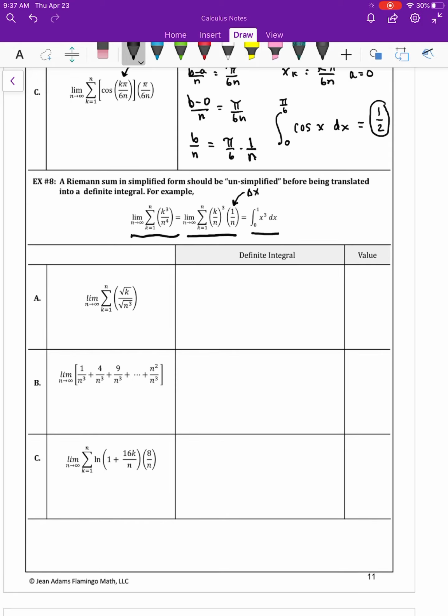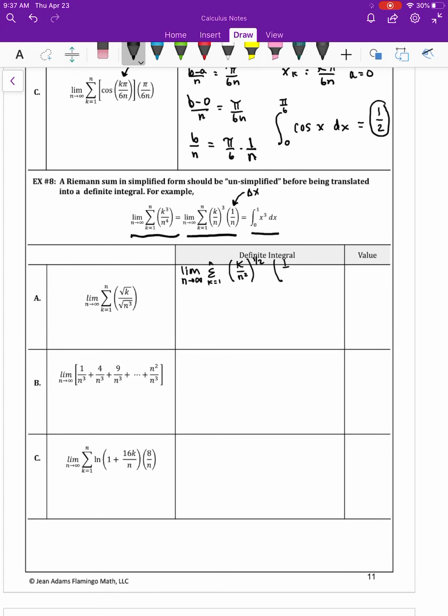That would make more sense because you'd have to have your delta x here. You know, so if you started out with this and you're like, I don't see a delta x, you're going to have to break it out so that you can figure out what your definite integral is. So these are ones that are not broken apart, that you have to actually try and break apart yourself.